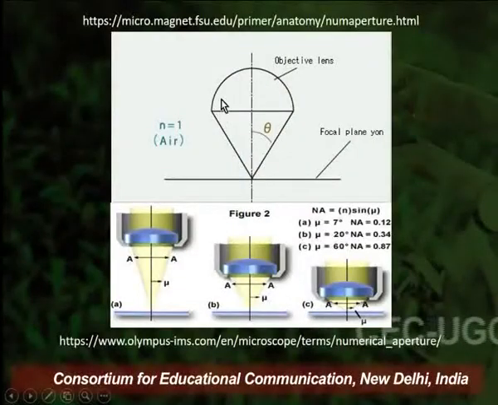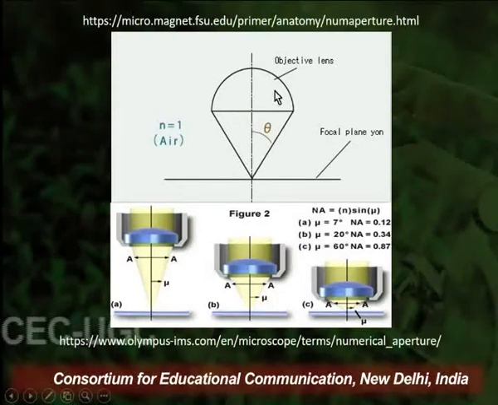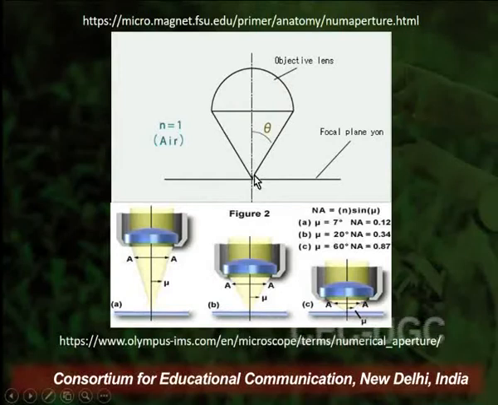So, here is our objective lens. Now, on this objective lens, the light will subtend in an angular manner. So, this is the angle in which the light will subtend over an objective lens.